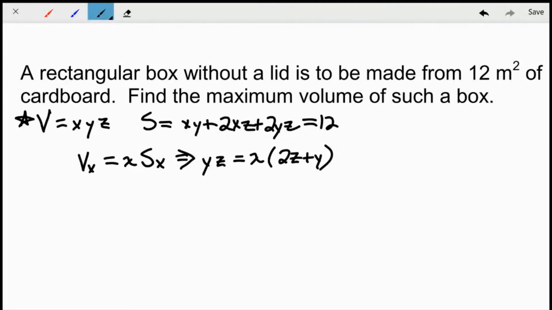Now I also know the same is going to hold true for my y partial. My y partial has to be lambda times the y partial of that constraint function. So that would give me xz equals lambda times, and if I simplify this down, I'm going to end up with 2z plus x.